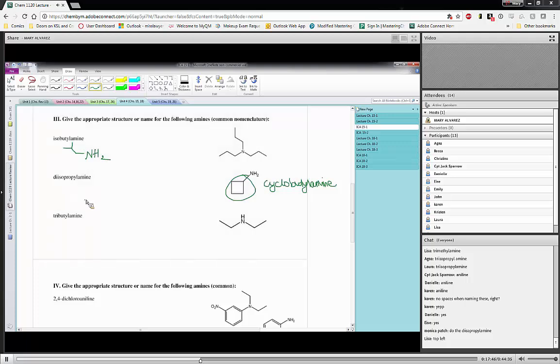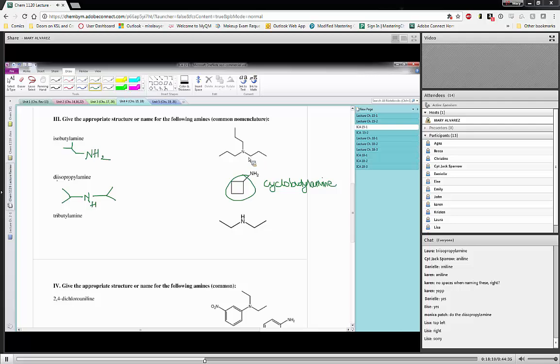Okay. Well, nitrogen makes it an amine, and I have 2 isopropyl groups. So there's 1 isopropyl group, there's 2 isopropyl groups, and then I discover I'll need 1 more hydrogen to make that work. So there's diisopropylamine. Lisa already did the top left. Did you mean top right? Yes. Okay.